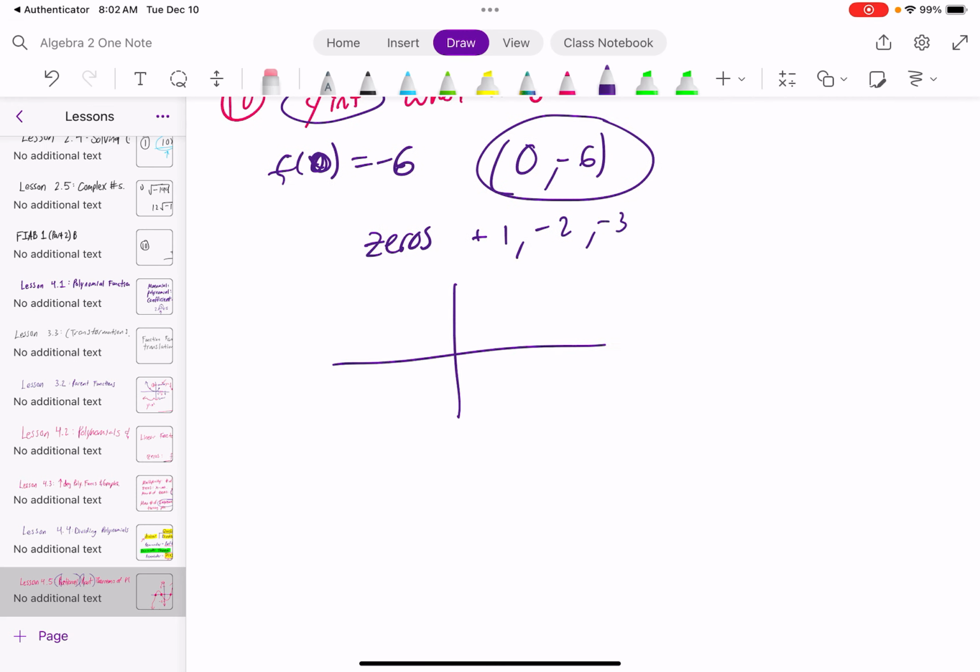Should look like, here's one at -6. There's a y-intercept there. Here's 1, -2, and -3. Right? And then your graph has an end behavior like this. So it should go like this, this, and this. Okay? And that's your graph.